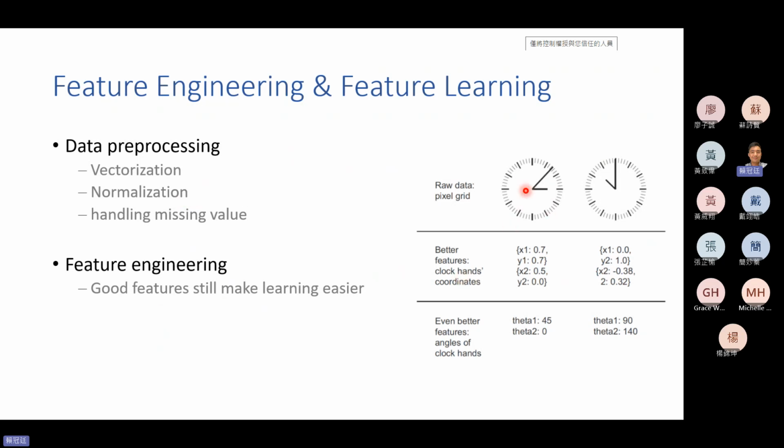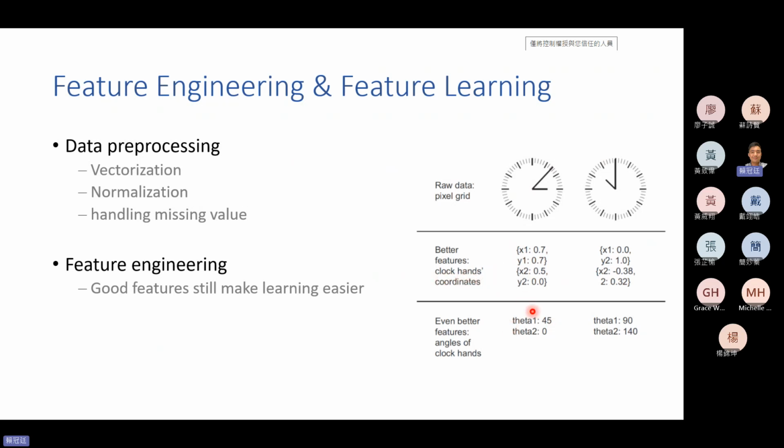Suppose we want to recognize the time from an analog clock. One way to represent the position of the pointers is to use XY positions to represent the position of the clock hands.